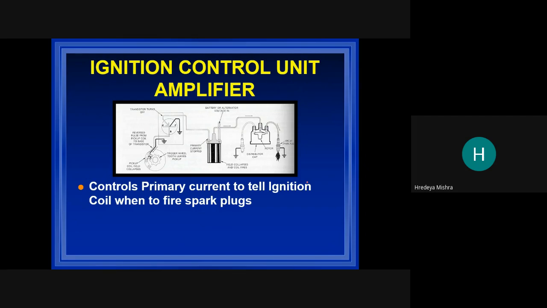The ignition control unit, that is called the amplifier, controls primary current to tell the ignition coil when to fire the spark. And now see here, this is our amplifier or ignition control unit. Here is our spark plug and this shows there is a spark.